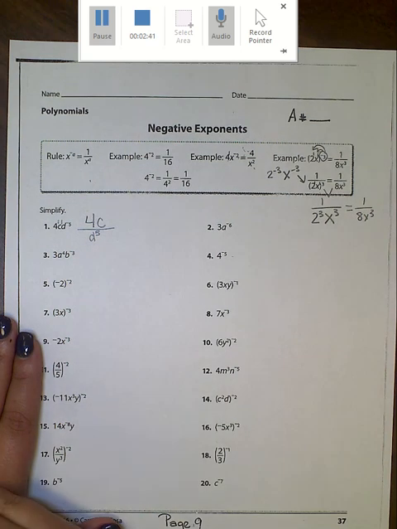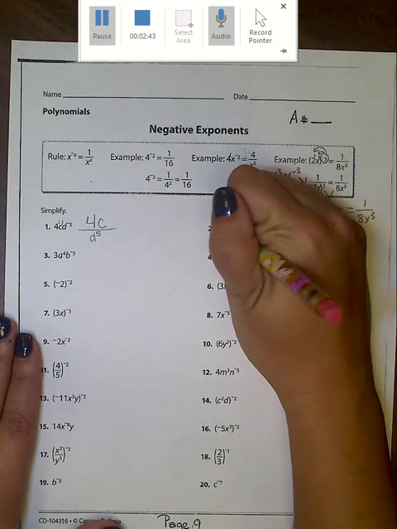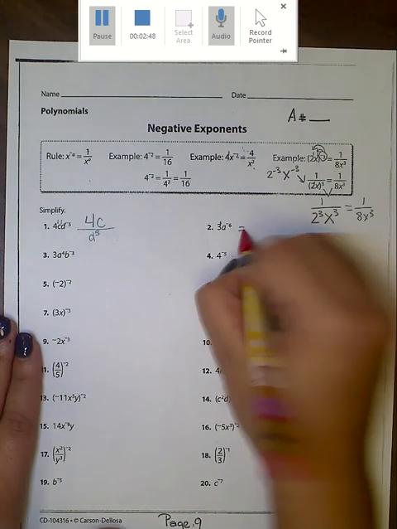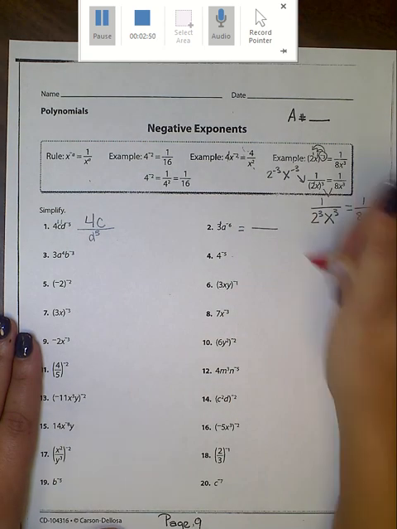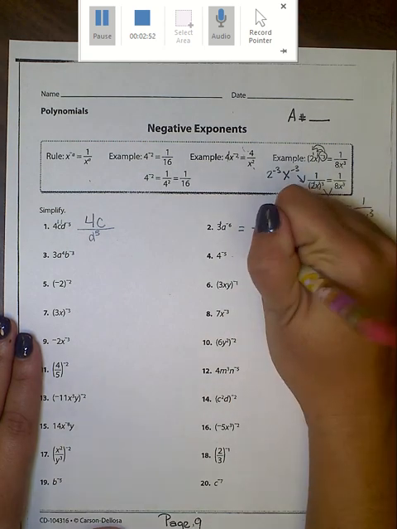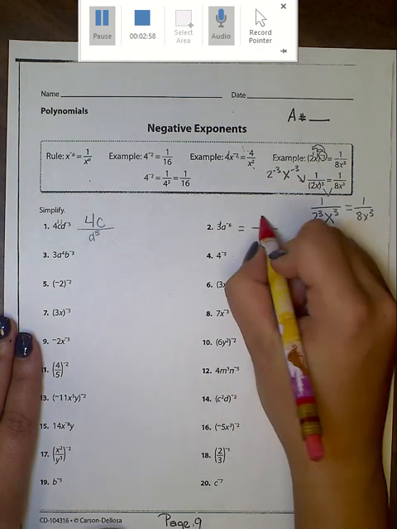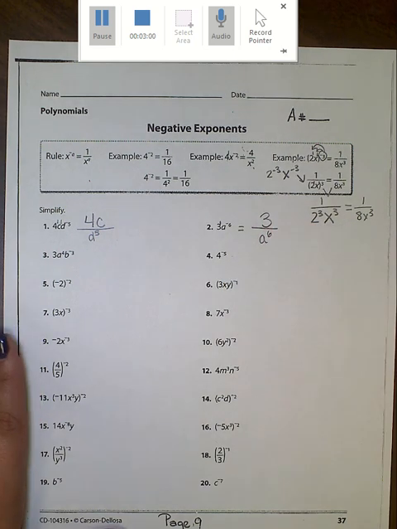Number 2, 3, no exponent, power of 1, a to the negative sixth. Because a to the negative sixth has a negative exponent, it will go in the denominator and become positive. 3 to the first has a positive exponent, therefore it stays in the numerator.